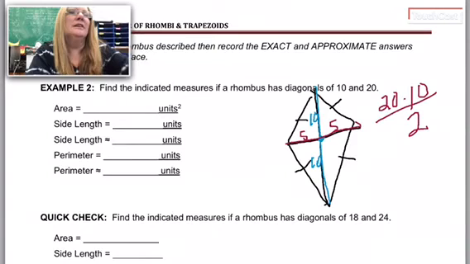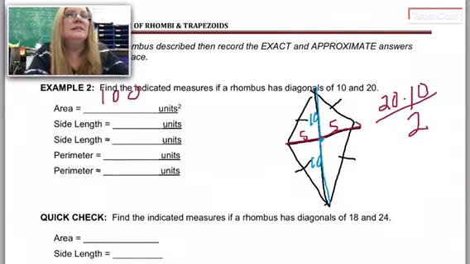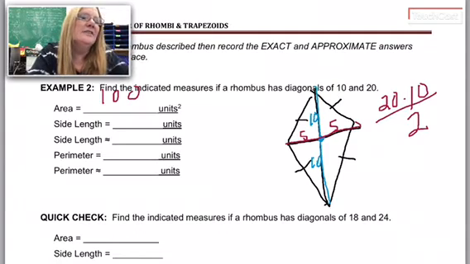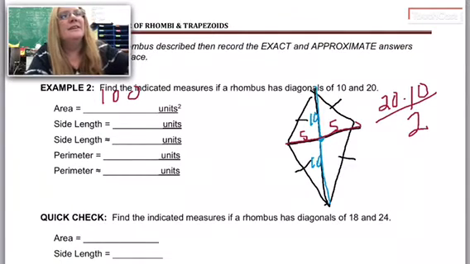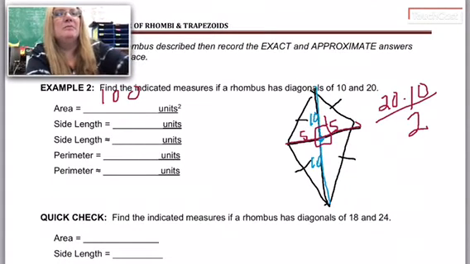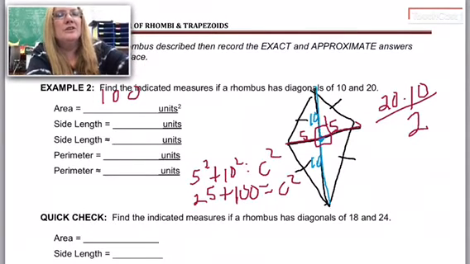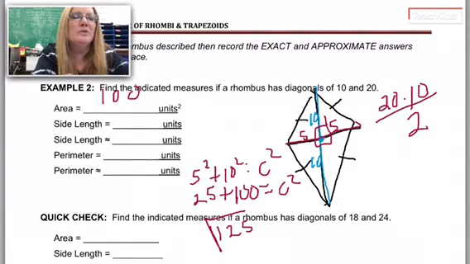So that is 100. I have one, now I need the side length. So here, these are right angles. And yeah, I don't really see a relationship. I think it's going to have to be Pythagorean theorem. 5 squared plus 10 squared is equal to c squared. So I get 25 plus 100 is equal to c squared. So c squared is equal to 125, and so c is the square root of 125.